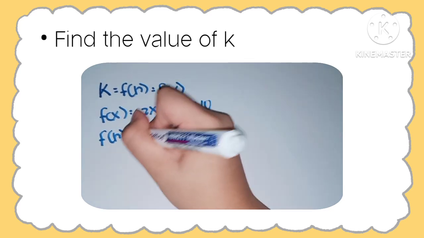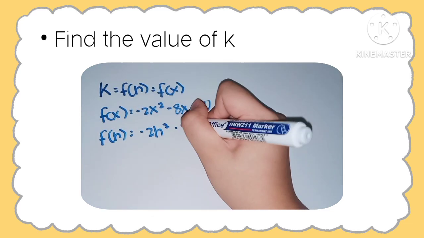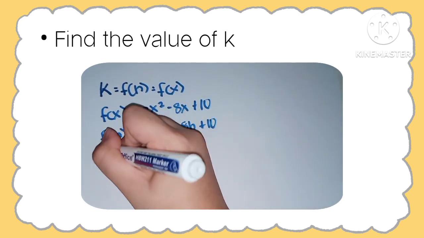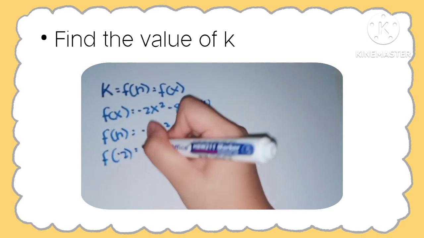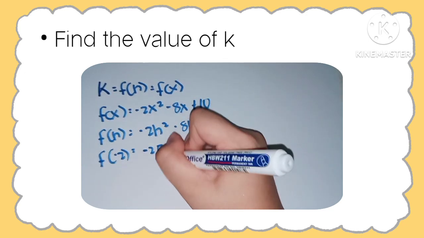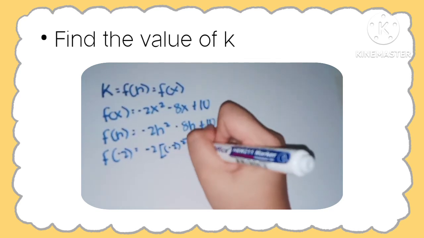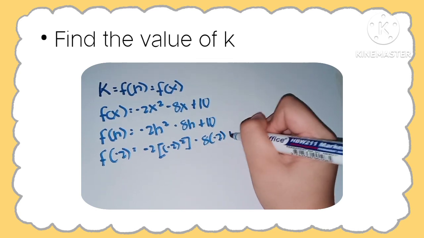So f of h is equal to negative 2h squared minus 8h plus 10. Now we're going to substitute the h that we obtained earlier. So f of negative 2 is equal to negative 2 times negative 2 squared minus 8 times negative 2 plus 10.